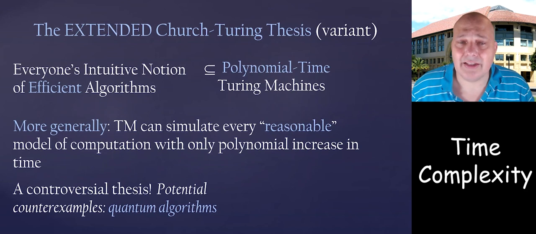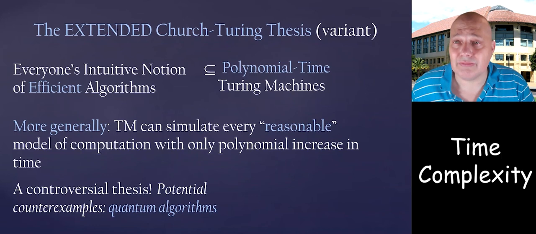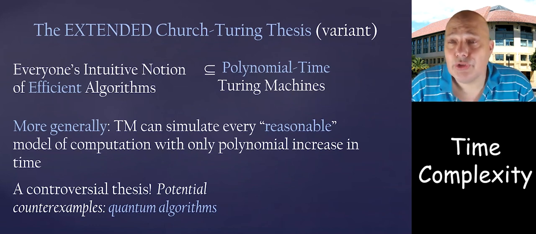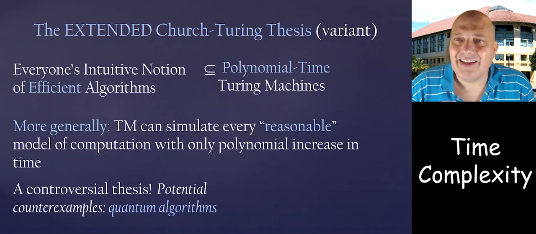And a potential counterexample is quantum algorithms. For years, we knew that quantum algorithms can factor, at least the particular model of quantum computation can factor large numbers, which we don't know how to do in polynomial time.